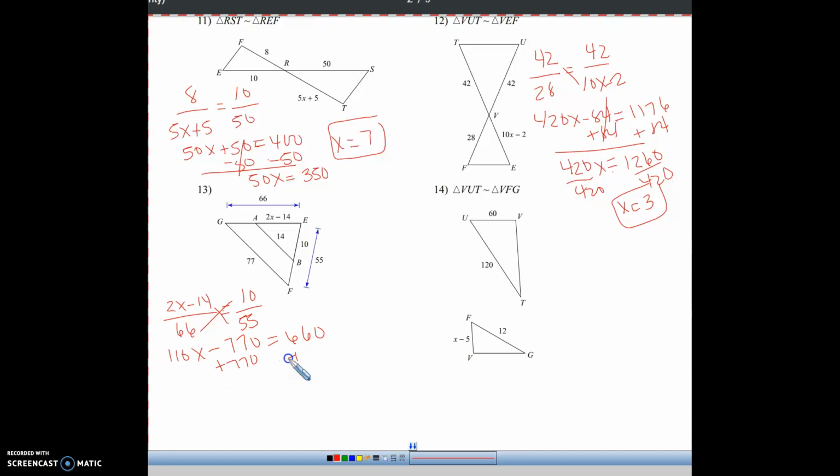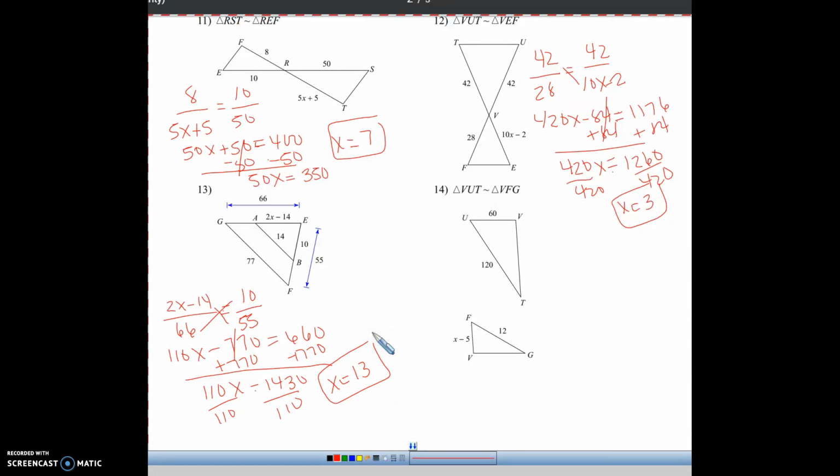We're going to add the 770 over. 110x is going to equal 770 plus 660, 1,430. Divide by the 110. And x is going to be 13.